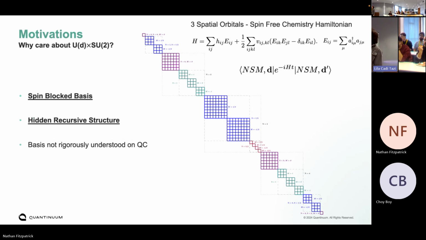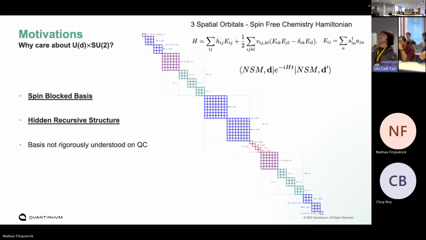I, J, K, L here are spatial orbitals, and mu is the spin index. You can pair up the fermionic operators and sum over the spin, and this gives you what's called the spin-free quantum chemistry Hamiltonian.